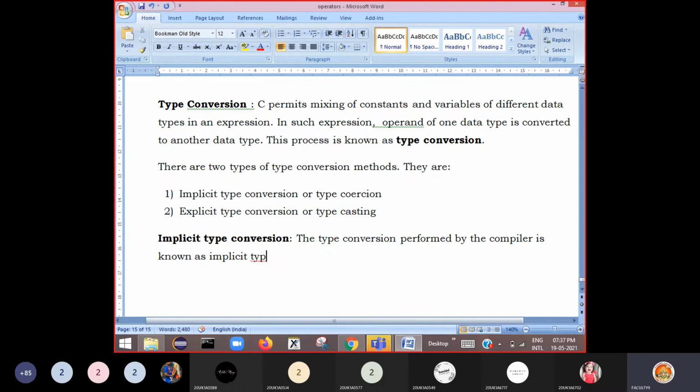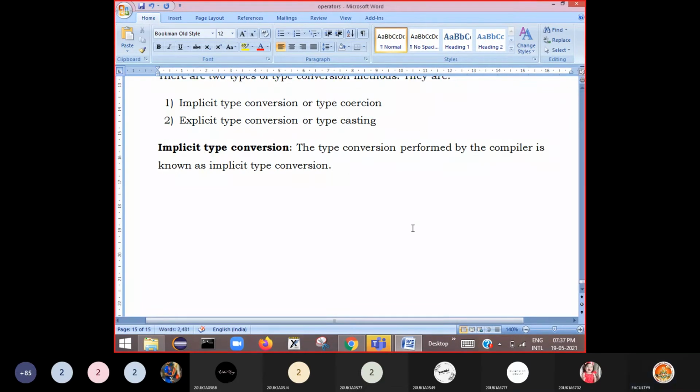We are saying implicit, which means the compiler will do this type conversion. We are not bothered about the variable type; the compiler will look after this.